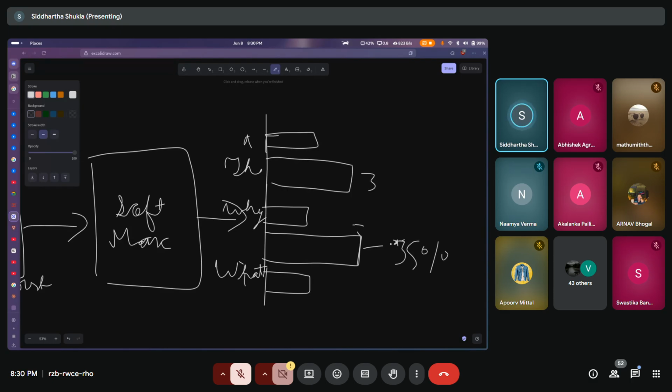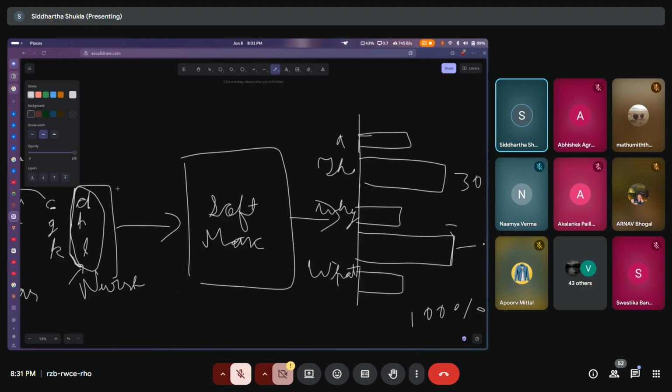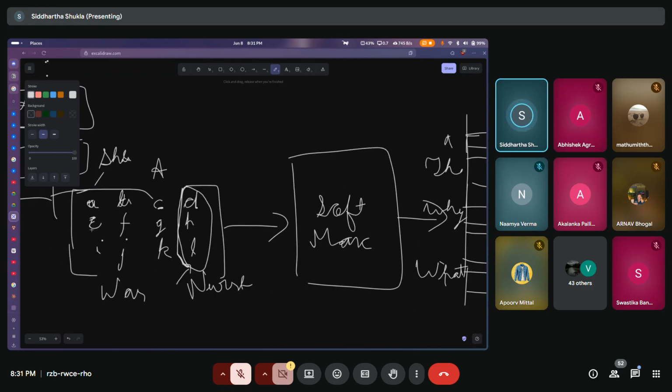This is 30%, and all of these get certain values too, and all of these add up to 100 for obvious reasons. That's what softmax does. All of the LLMs I've discussed so far, literally every single operation inside an LLM, are just matrix operations. Everything inside an LLM is just matrix multiplication.